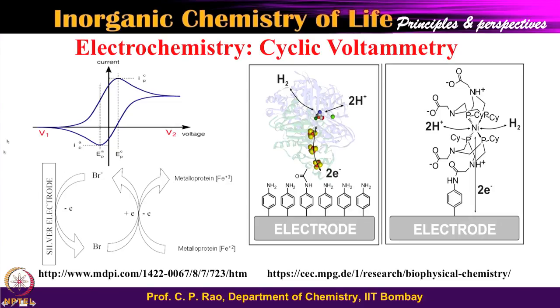At the electrode you are releasing the electron, and this electron is being taken up by this, and as a result this process is coupled with going from iron 2 plus to iron 3 plus, oxidation. Similarly, you can do reduction as well. You can do oxidation of the protein, you can do reduction of the protein, everything is possible by changing the potential here.